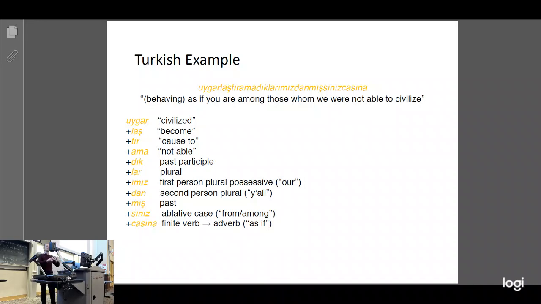And people make up new words all the time that have lots of different derivational morphemes. And so you can say things like "Uygarlaştıramadıklarımızdanmışsınızcasına," meaning behaving as if you are among those whom we were not able to civilize. You can do this in Turkish.